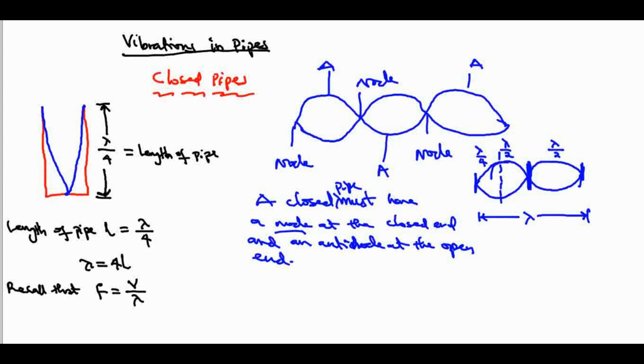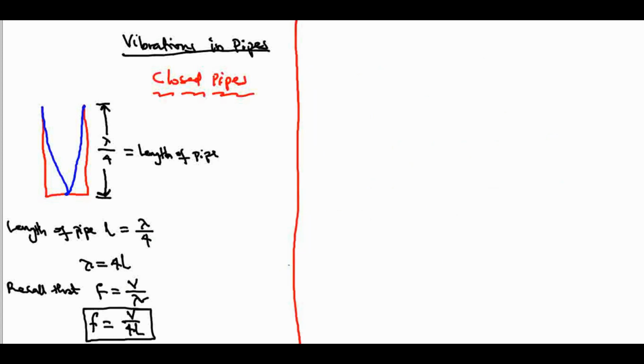Now if I do further substitution, since my lambda is equal to 4L, the frequency is going to be equal to the velocity over 4L. I'm going to put that in a box, so I'm going to write that somewhere down here: f equals v over 4L, and I will get back to that.